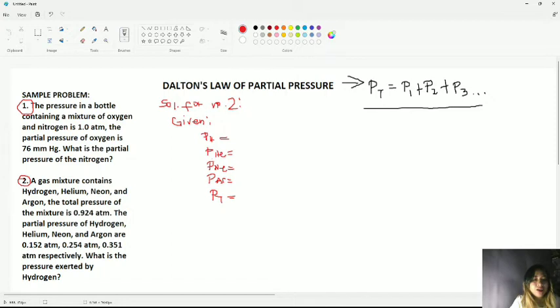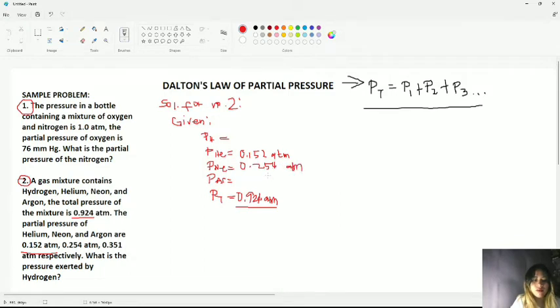So, may given na total pressure which is 0.924 atmosphere. Yung order niya is kung sino yung nauna. So, si helium, ito yung nauna na value, 0.152. Kay neon, 0.254 atmosphere.